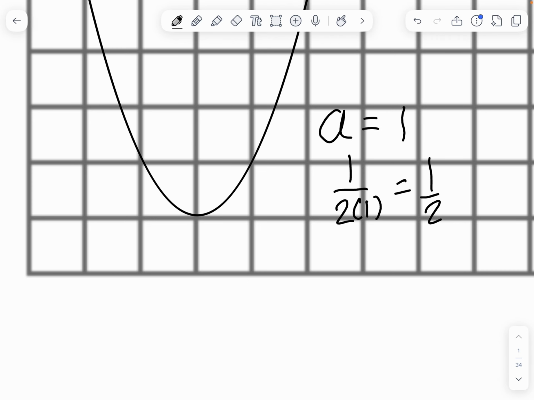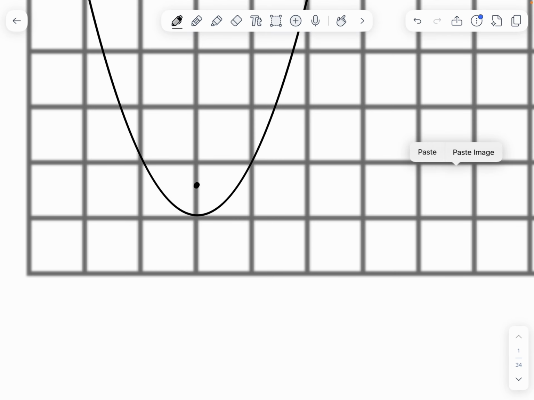So the distance will be right here. So the focus is always going to be the inside of the parabola. And now for the directrix, that is here. This is the directrix.